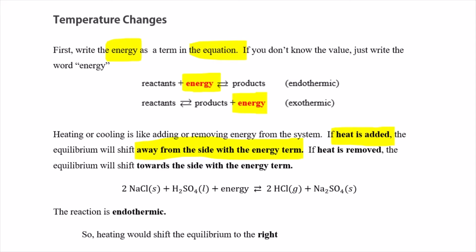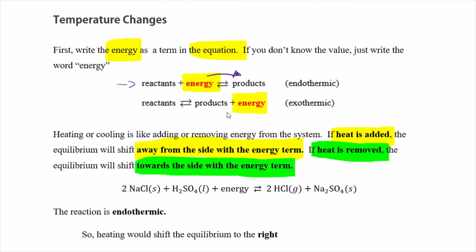So if it's endothermic, like the top one, and we heat it up, that would cause a shift to the right, away from the energy term. If you remove heat, then the equilibrium will shift towards the side with the energy term because you're removing that thing. So if it's endothermic and you remove heat, that will cause a shift back towards the reactant side.